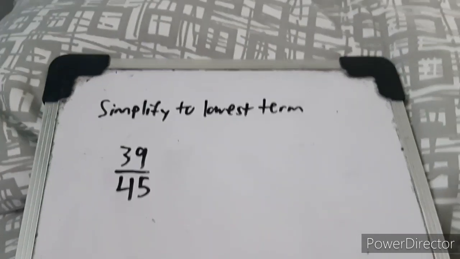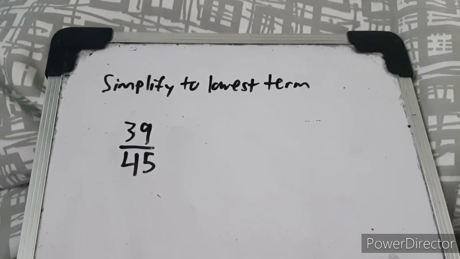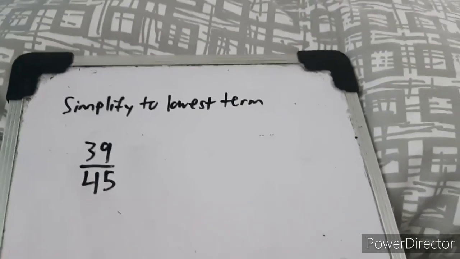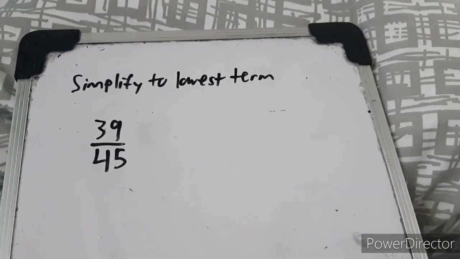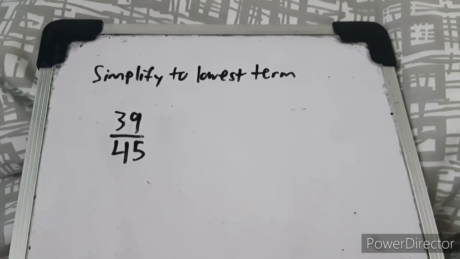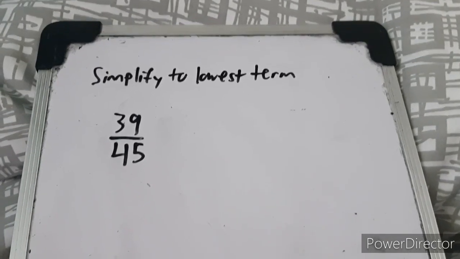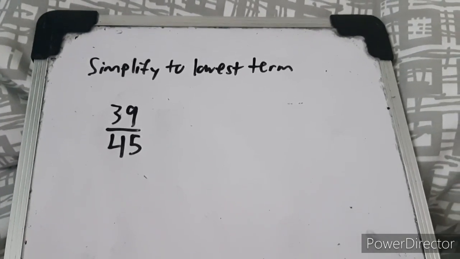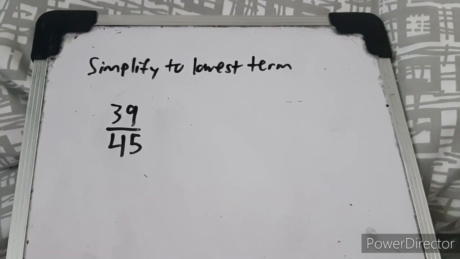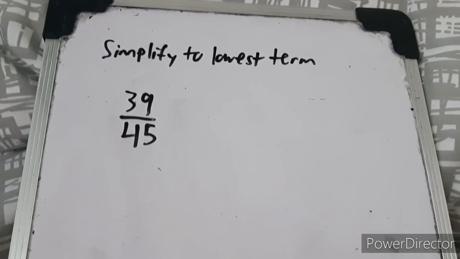So, ang next po session is how to simplify to the lowest term. So, mostly sa mga answers nila, kailangan ng final answer dapat lowest term. Kasi kung hindi ganyan ang standard na answer, mali, considered wrong. So, kailangan po mag-simplify to lowest term o yung lowest fraction. So for example, is 39 over 45.